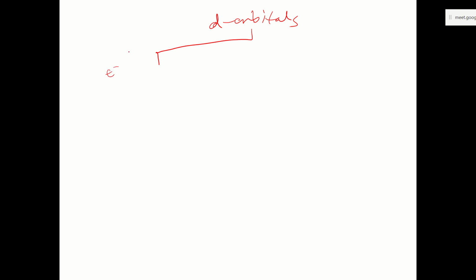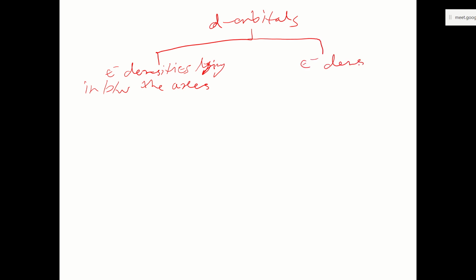Electron densities lying in between the axes. And then initially the solutions give you this kind of thing, and then you have solutions in which the electron densities lie along the axis. So along and in between.